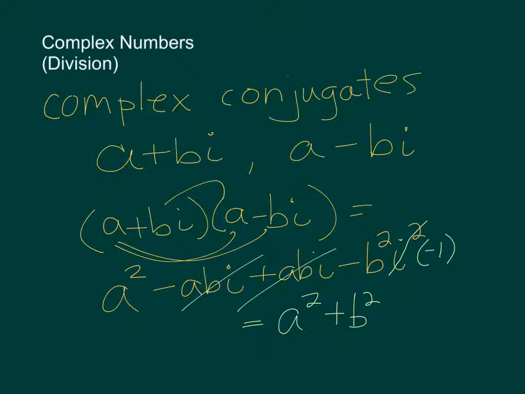So how do we use that? How do we use this fact when we want to divide two complex numbers, like 3 plus 5i and 2 minus 3i? First, why would we want to do anything for this? Well, because i is the square root of -1, and we don't like to have square roots in the denominator.